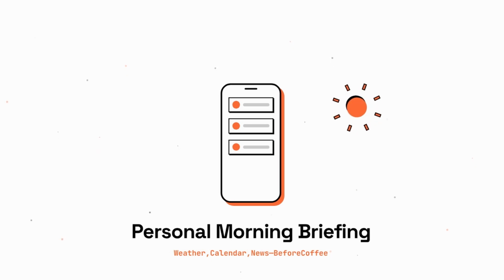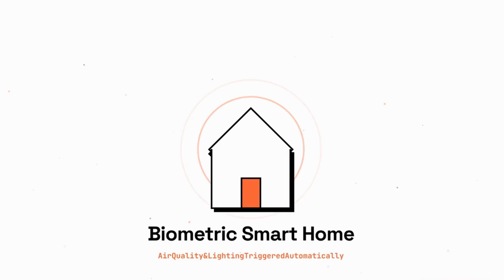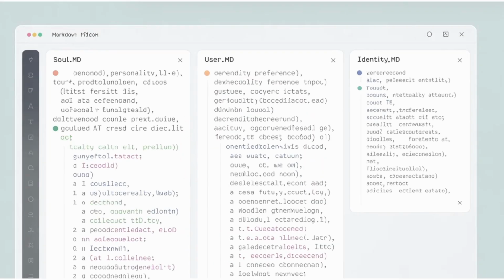Weather, calendar, news, tasks, before they have even had coffee. And there are people controlling their smart home based on their actual biometrics. Air quality, lighting, all triggered automatically. This is what separates an agent from a chatbot. A chatbot waits, an agent acts.